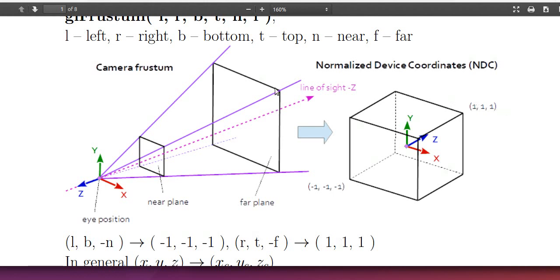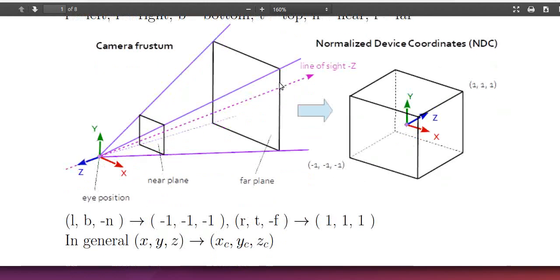So this point is R, T, negative F. In general, a point inside the frustum x, y, z will be mapped to a point inside this cube with coordinates xc, yc, and zc.